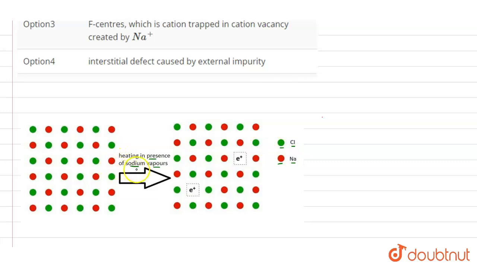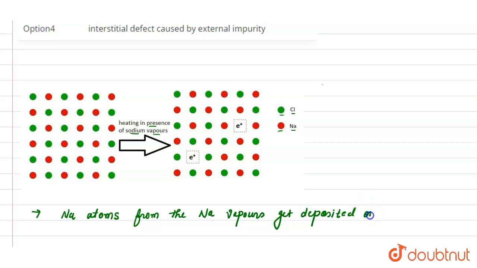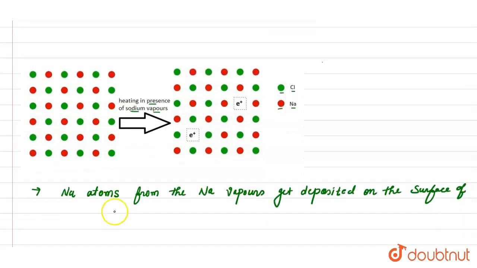The sodium atoms from the sodium vapors get deposited on the surface of the NaCl crystal.